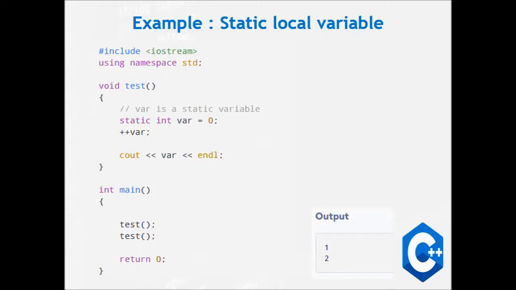So the output of the program is that when the test function is called the first time, the static variable var shows us 1, because in the test function we declare it with a 0 value and then we increment it. But the second time when the same function test is called, another increment is done on the same variable.